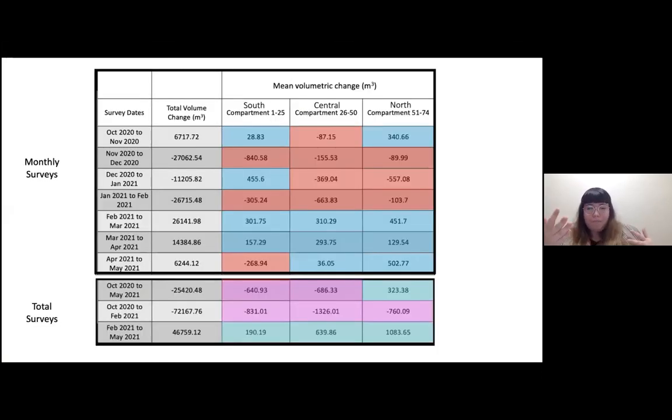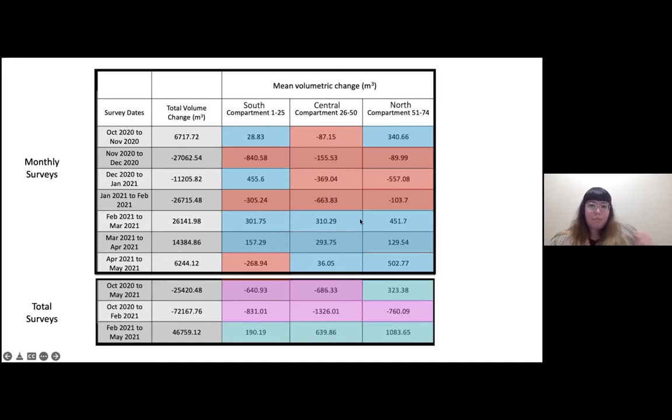But overall, I just want to show a little bit of the quantitative side, where this is further showing the actual values for a mean volumetric change for the monthly surveys on top here, and then for total surveys that span from beginning to end, during the stormy period and during the quiet period.